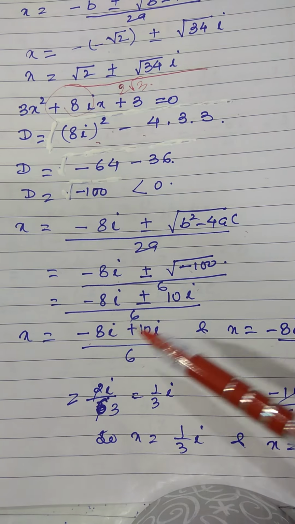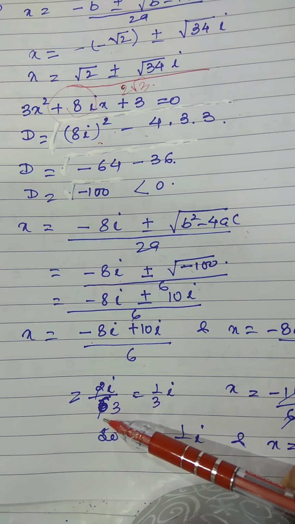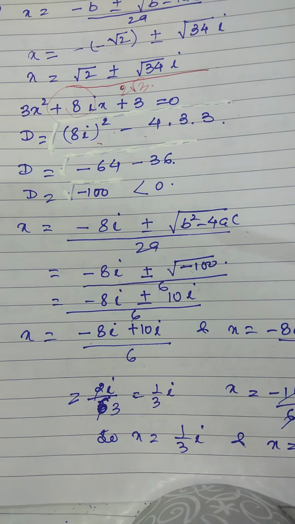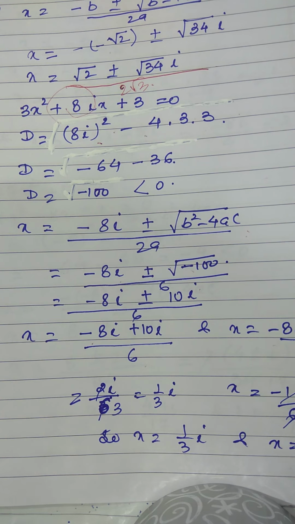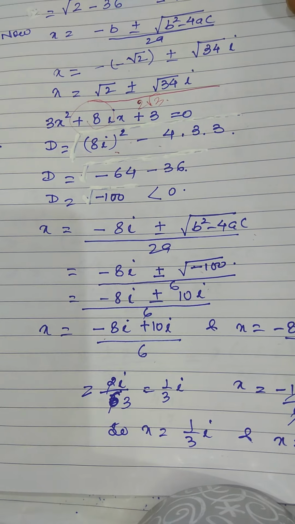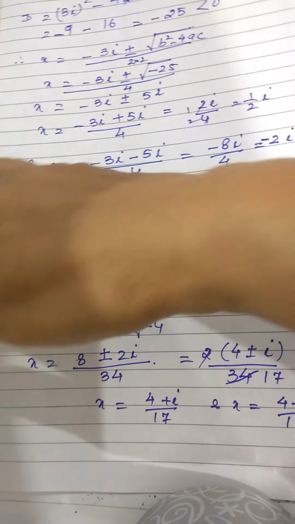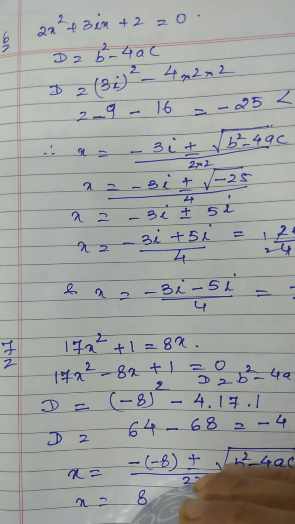So 10 minus 8 is 2, so 2 upon 6 iota, and here you will get minus 18 upon 6 iota. So this is 1 upon 3 iota and minus 3 iota. So in this way, first find the discriminant and then solve it.